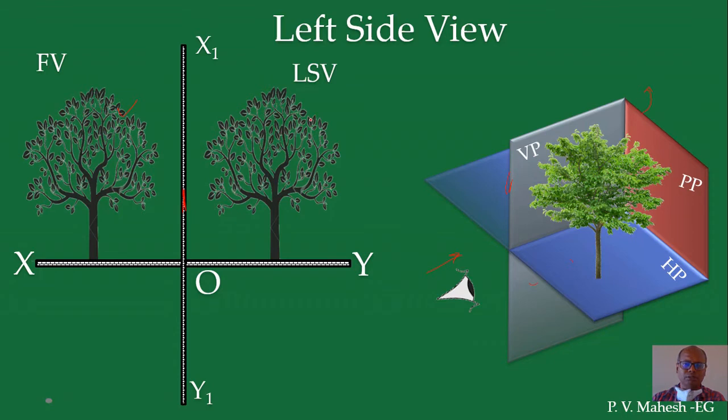This is the left side view. So the left side view will come on the right side in the first quadrant. We are talking about only the first quadrant hereafter.